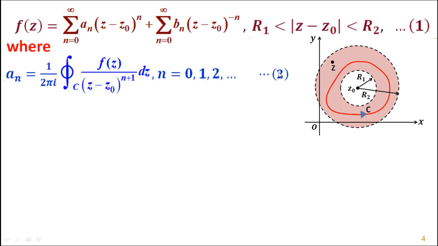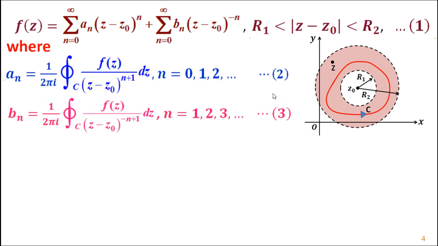Let it be equation 2. And bn is defined as 1 by 2 pi i times the integral over C of f of z by z minus z0 whole to the power of minus n plus 1 dz, where n is equal to 1, 2, 3 and so on. Let it be equation 3.